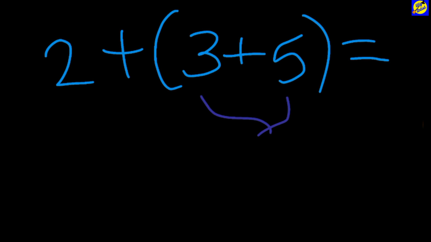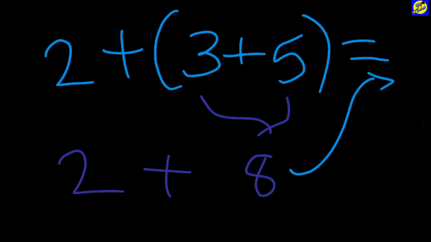What is 3 plus 5? 3 plus 5 is 8. If you calculate on your fingers, or if you have practiced many times, it will be easier for you. You'll automatically be able to tell the answer when you do a lot of practice. Now, further we have to do 2 plus 8, which is equal to 10. So here we got the answer as 10.